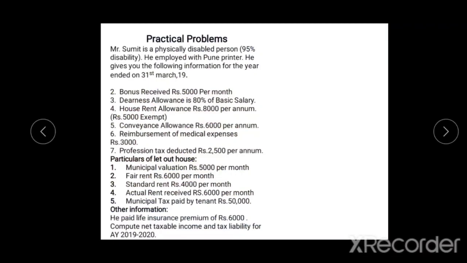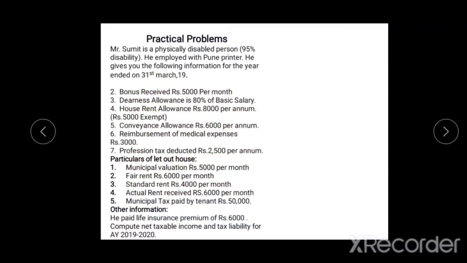As I start reading the practical problem, you have to write it in your notebook. This will help you to do the sum simultaneously with me. Mr. Sumit is a physically disabled person and the disability is given as 95%.